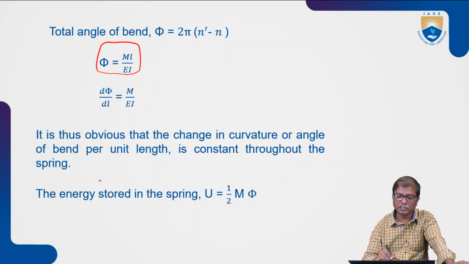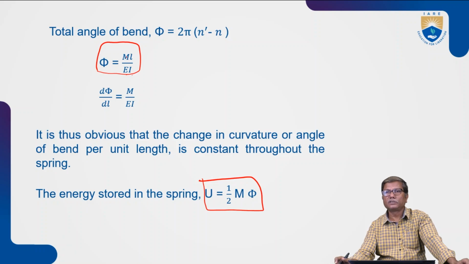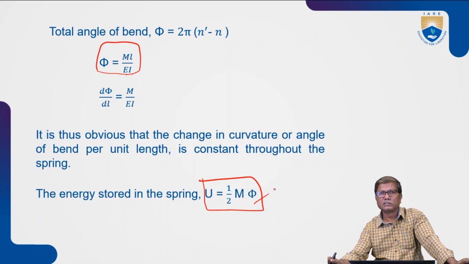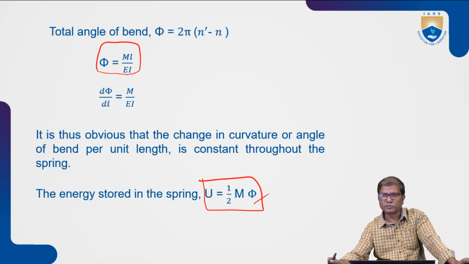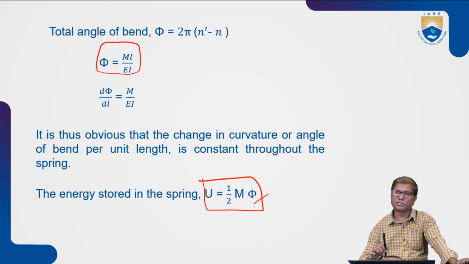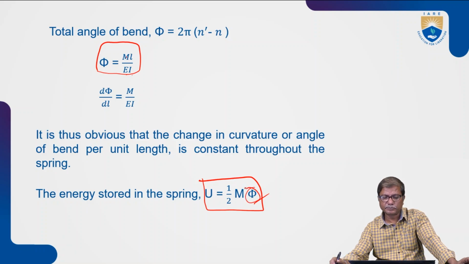And now total strain energy stored in this case is half into m into phi, angular displacement. In case of axial force, we have extension of the spring delta. Here angular displacement takes place, that is phi, the total angle of bend.